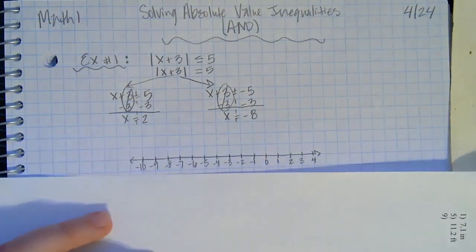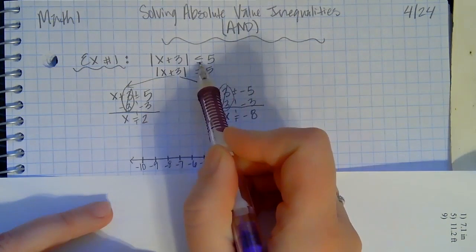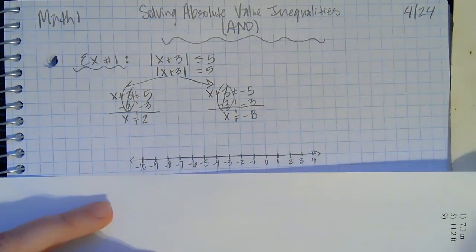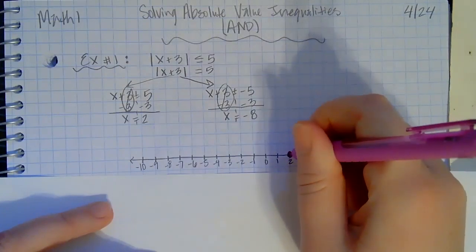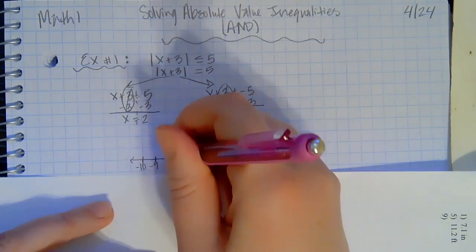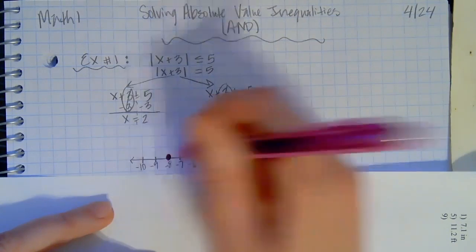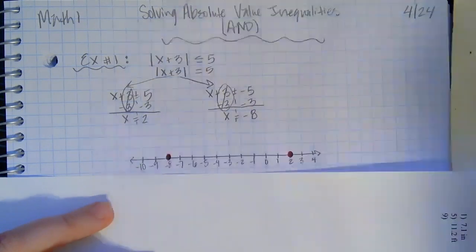So I'm going to put those on my graph like we talked about yesterday. Notice that it has an equal to, so they're going to be closed circles. On positive 2, I'm going to make a closed circle, and on negative 8, I'm going to make a closed circle, because it says equal to right there. There's a line on the bottom.